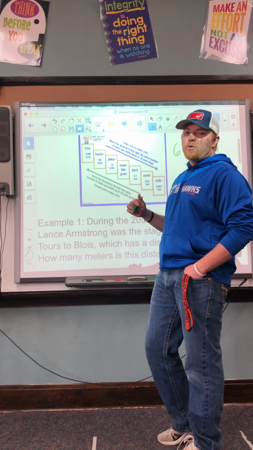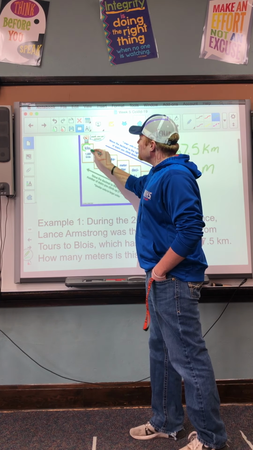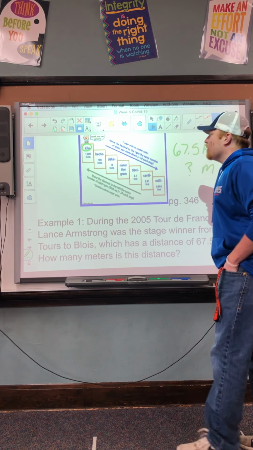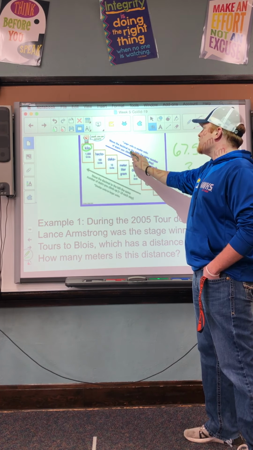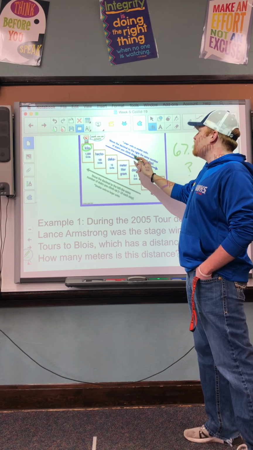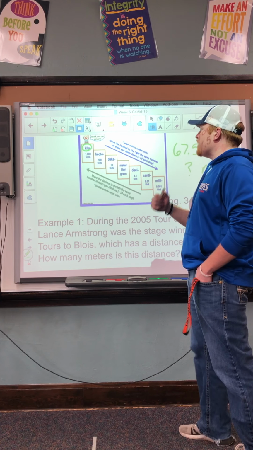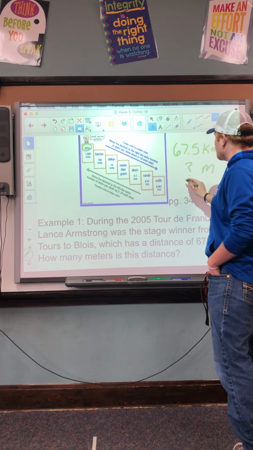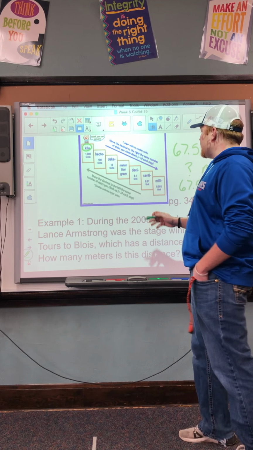Looking at the table on page 346, kilos is here. So larger units to smaller, move the decimal to the right, the same number of stairs you climb down, or you times 10 each step. Since we're at 67 and 5/10, we have to get down to meters.